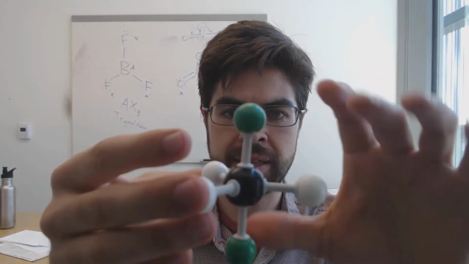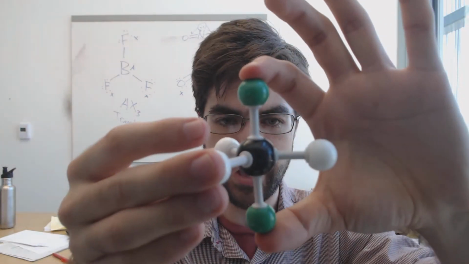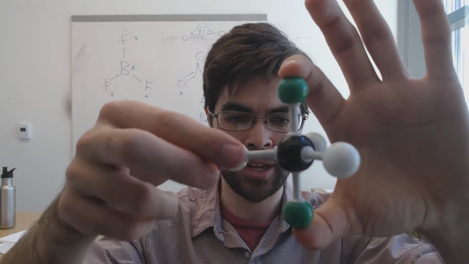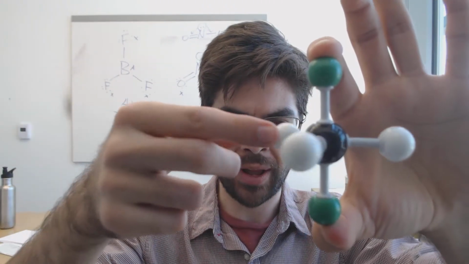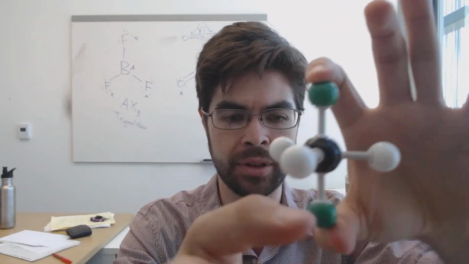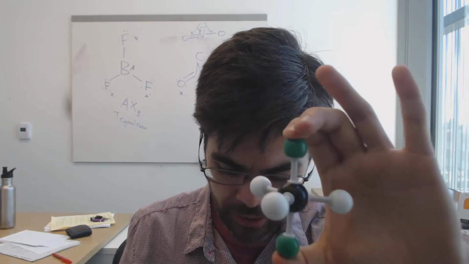We call the ones that come in at the top and the bottom axial positions, because sort of like a globe, it rotates around its central axis. And the 3 that were around the ring in the original triangle, we call those equatorial positions.